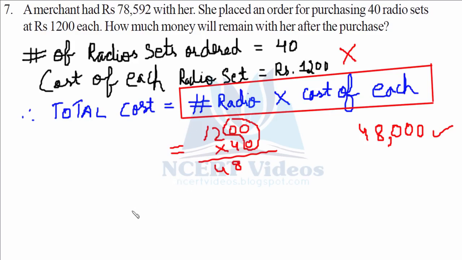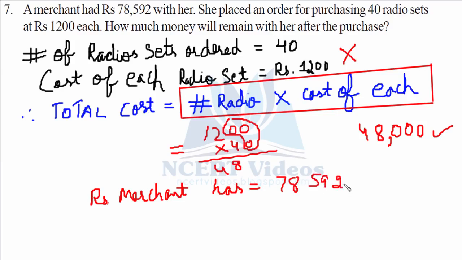Now, how much? Whenever we have to calculate how much, that will always be a division problem from larger to the factor. So total was 78,592 rupees she had. Now expenditure for 40 radio sets would be 4,800.